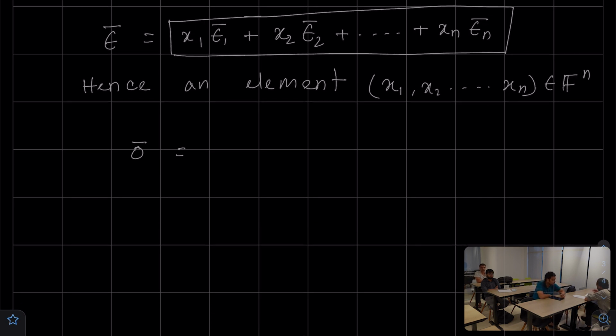And also, if you take the linear combination equal to 0, then x1 epsilon 1 vector plus x2 epsilon 2 vector plus xn epsilon n vector equals 0. So what is the zero vector? What do we mean by zero vector in Fn?